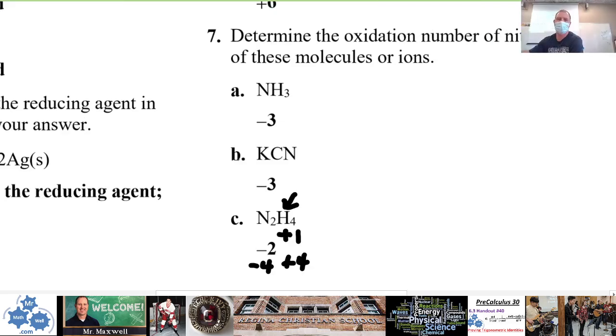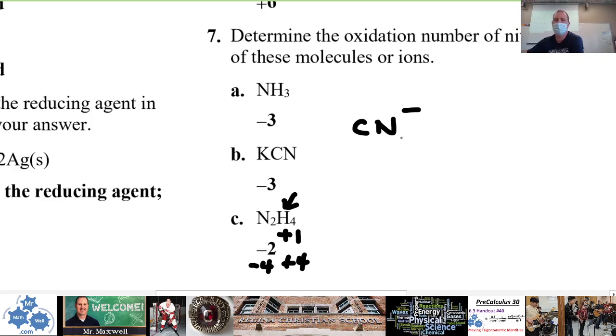Okay, so if we look at B as well, guys, I don't know where you're going to start here. You might start with this as a +1, this is a +4. I'm not really sure, but what you probably should do is recognize that this is an ionic compound. So in an ionic compound, this K is going to be +1. The CN is going to be an ion of -1. This is the cyanide ion, that's -1. So this is a bit tricky, but I think you should look at this as an ionic compound that it is.